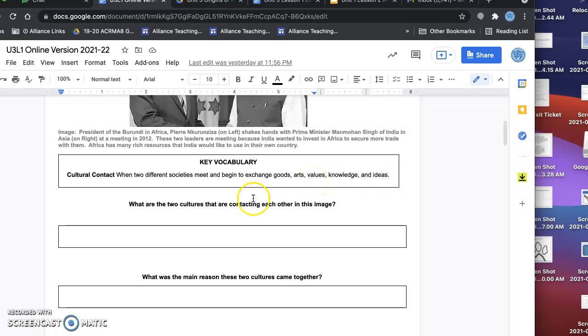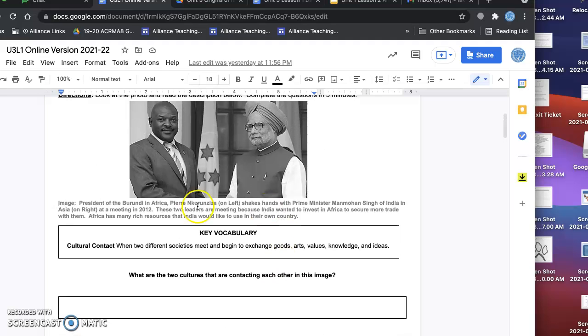All right, what are the two cultures that are contacting each other in this image? Well, if you read this caption over here, it will tell you the two countries that are meeting. So for this one, you have the Prime Minister or the President of Burundi, or Africa.